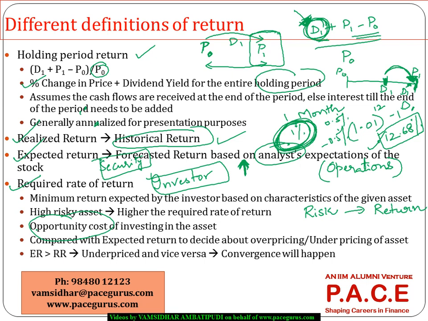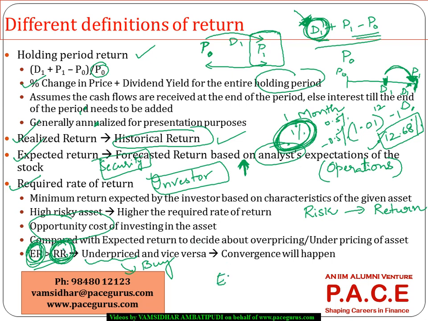So that is based on the investor's expectations versus the actual operating performance of the company. If the company's performance is better, the expected return will be greater than the required rate of return, which means that though the investor is looking for a return of RR, the company has generated a return of ER. So there will be demand for investment in that particular company. Those kinds of securities are treated as underpriced securities, which will result in buy decisions by the analyst.